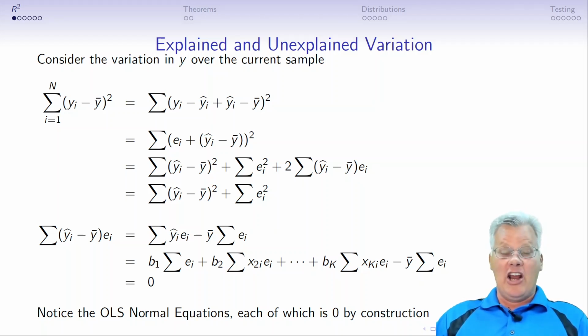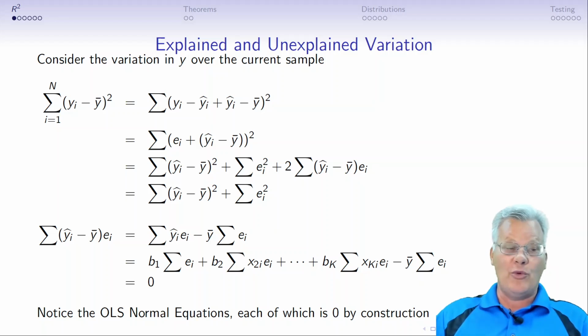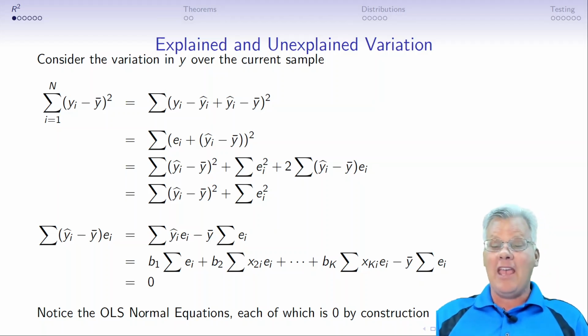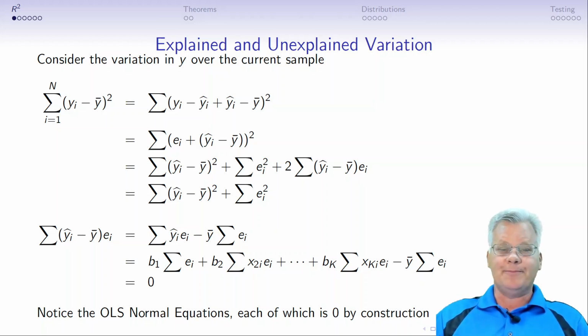That takes care of the term on the far right. And then we had that the sum of the products of e sub i times each of the individual x's, x2, x3, all the way up through x sub k, must also be 0. So because of this, this entire expression must be equal to 0 by construction.